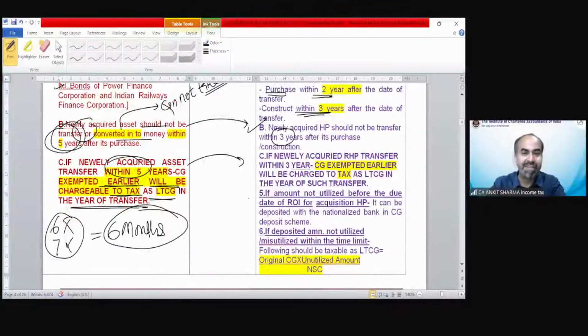Point number 5 is the same. Either up to the due date of ROI, you have to actually purchase or construct the new house, or you need to deposit the amount in the capital gain account scheme. If the amount is not utilized or is misutilized, the amount is going to be taxable at a proportionate value. How this proportionate value will work, I am going to discuss with you.